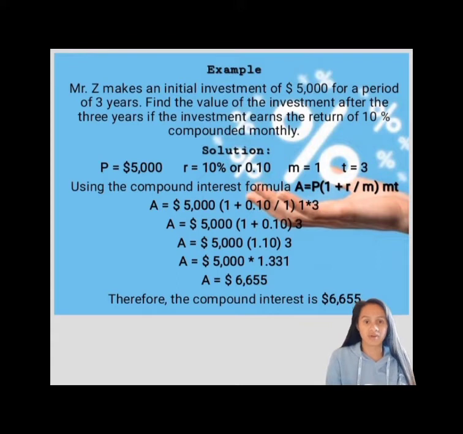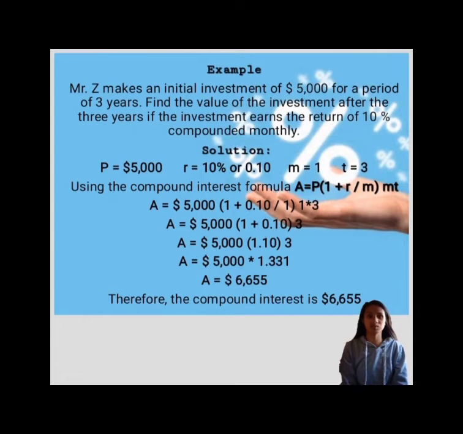Using the compound interest formula, A is equal to P times (1 plus R over M) to the power of MT. A is equal to $5,000 times (1 plus 0.10 over 1) to the power of 1 times 3. A is equal to $5,000 times (1 plus 0.10) to the power of 3. A is equal to $5,000 times 1.10 to the power of 3.